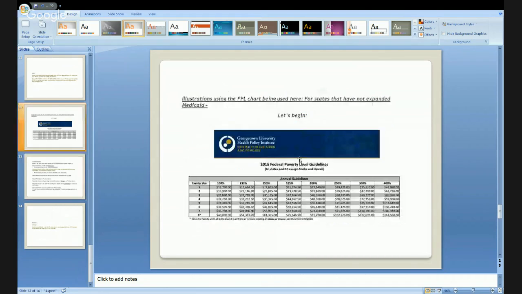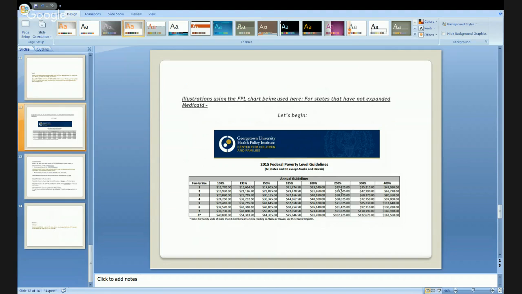So referring back to this chart again, this individual's income falls somewhere in this range right here between 100 and 133% of the federal poverty limit. So this individual may qualify for an advanced premium tax credit.